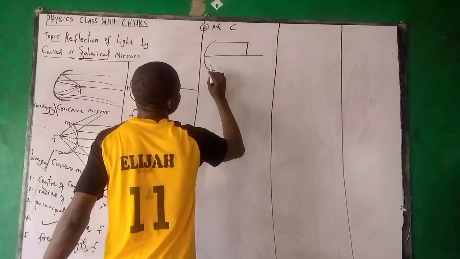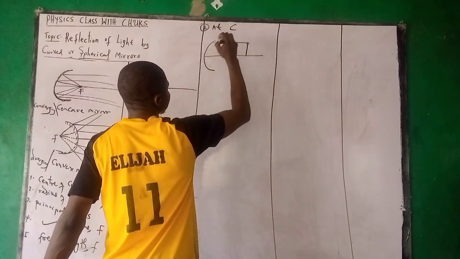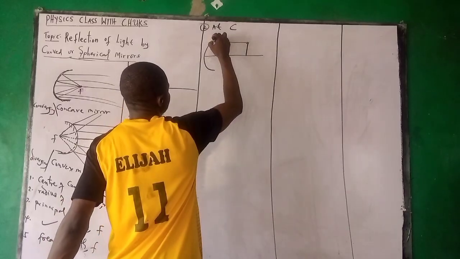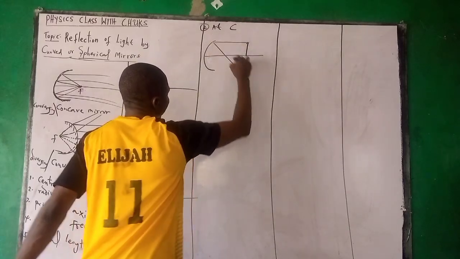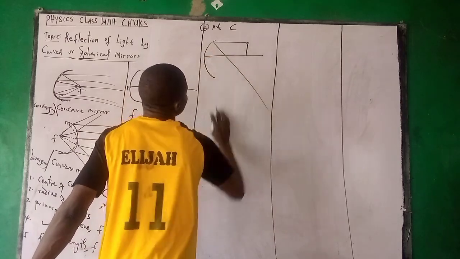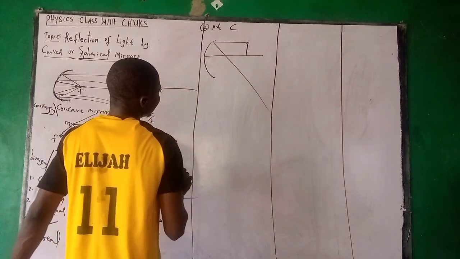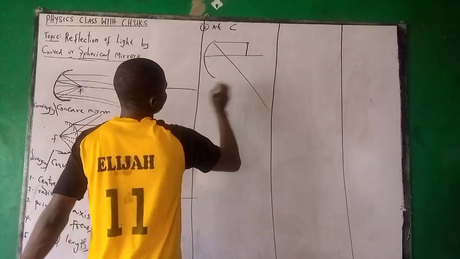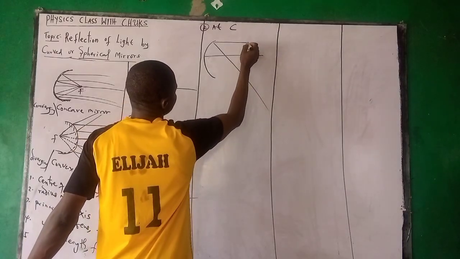So this is the incident ray, and it will come this way. Then another one comes this way.